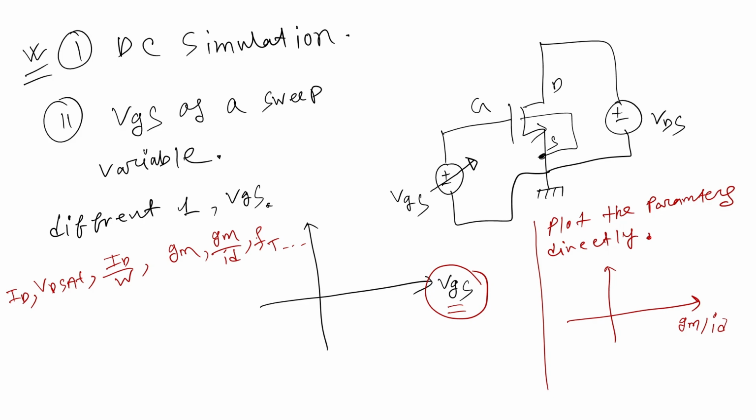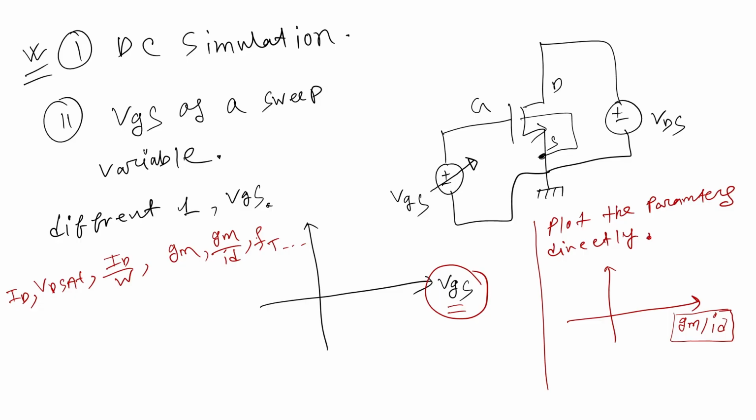That's one solution, and another solution is available: you can plot everything directly against GM over ID by using Cadence. So we will see both things, and if we have some alternative method, we will mention those too.